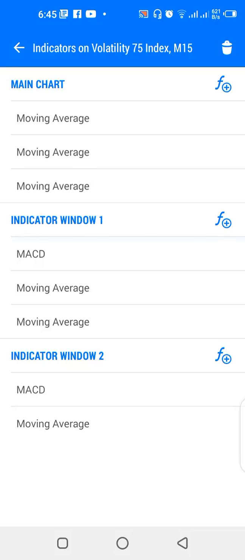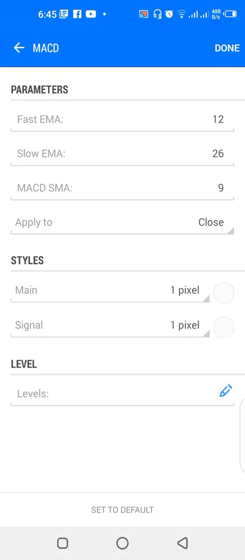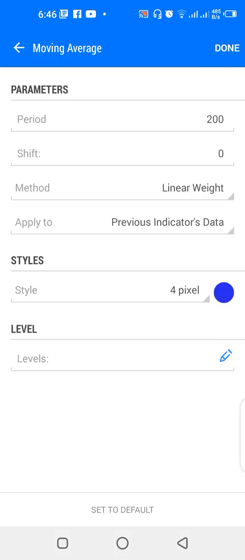For indicator window one, I have MACD, fast EMA is 12, MACD slow EMA is 26, MACD SMA is 9, apply to close. Now the color of the main and the signal style will match the background color of the chart. Then we have moving average.